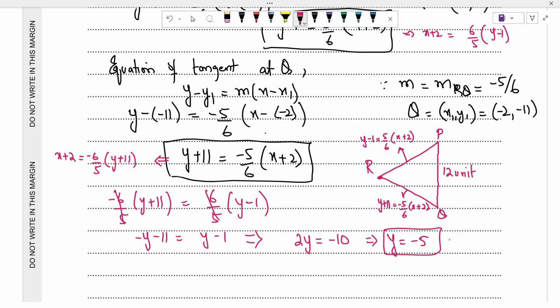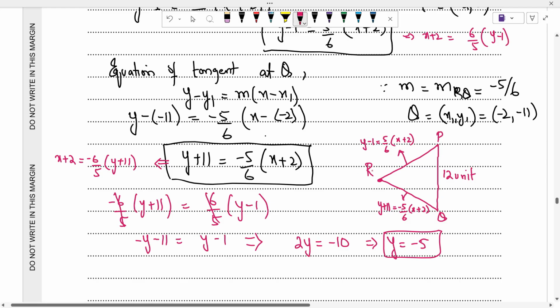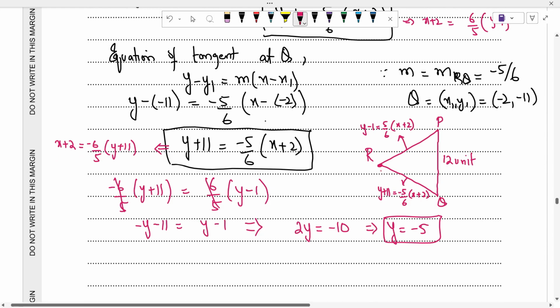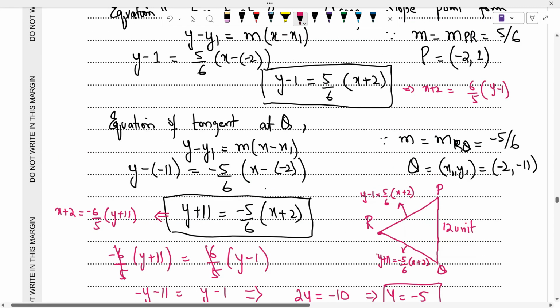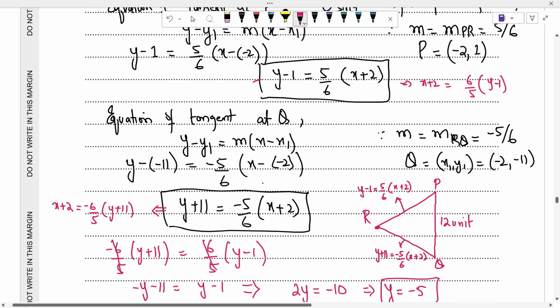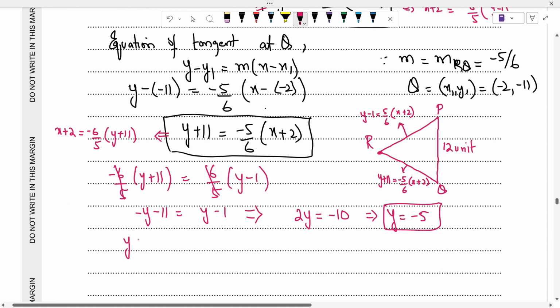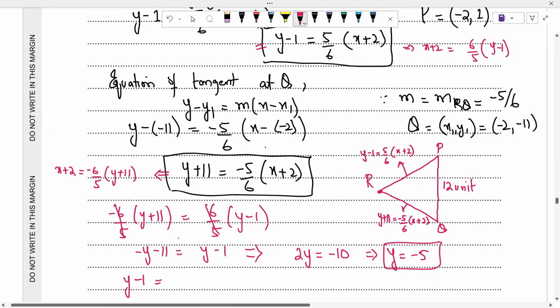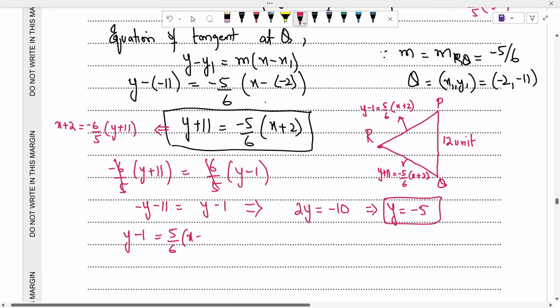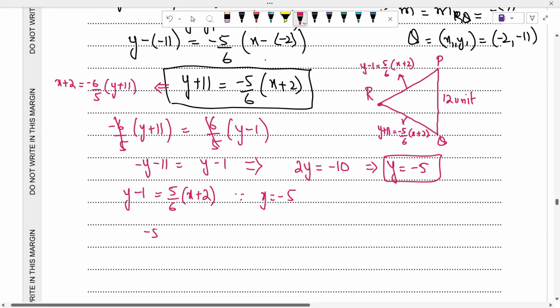Okay, now we have the y coordinate of R. We need to find the x coordinate of R. So we can plug this y value into this equation to find the x coordinate. So y minus 1 equals 5 over 6 times (x plus 2), and in this case, y equals negative 5. So this will be negative 5 minus 1 equals 5 over 6 times (x plus 2).